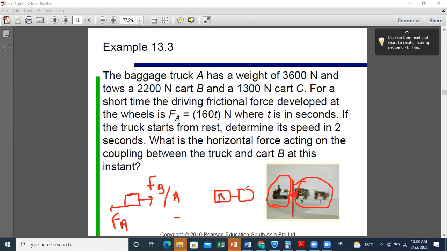What is the force acting along X? FA on B. Very good. And by action reaction it opposes F of B on A. So this is the force of A on B.